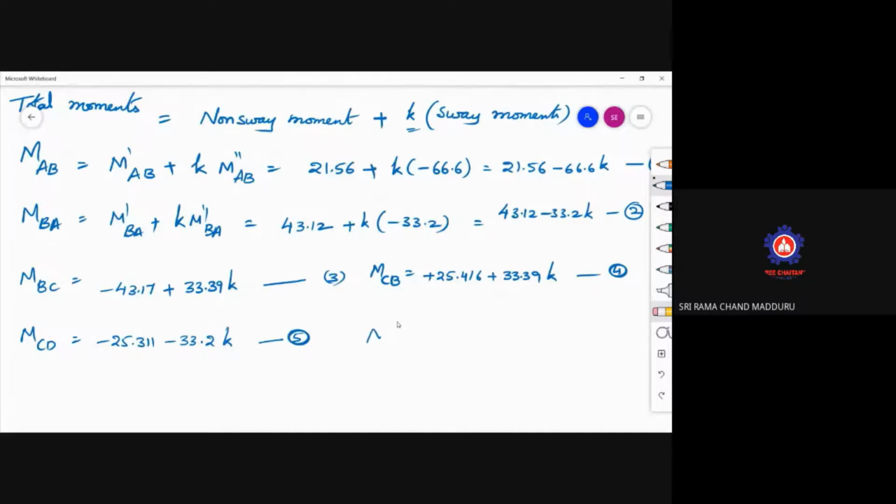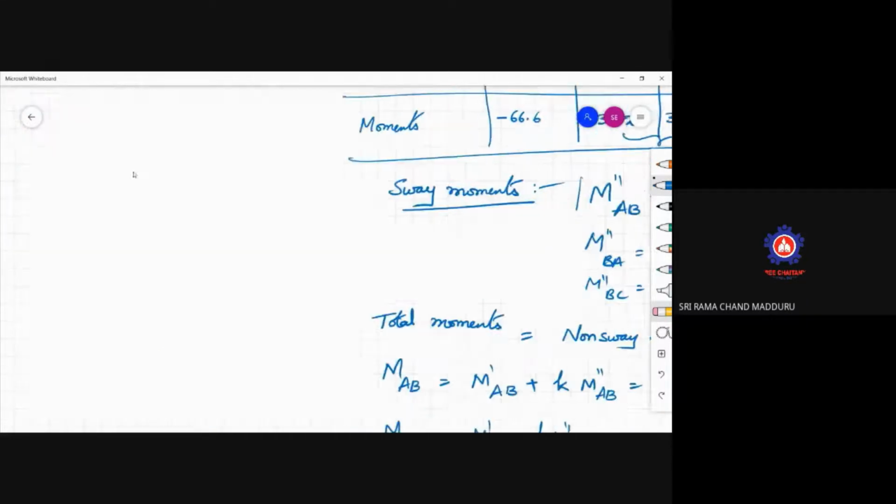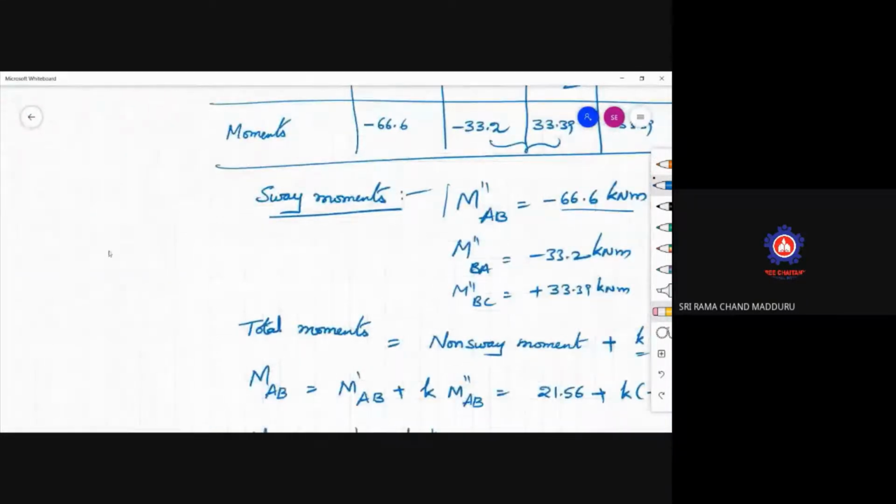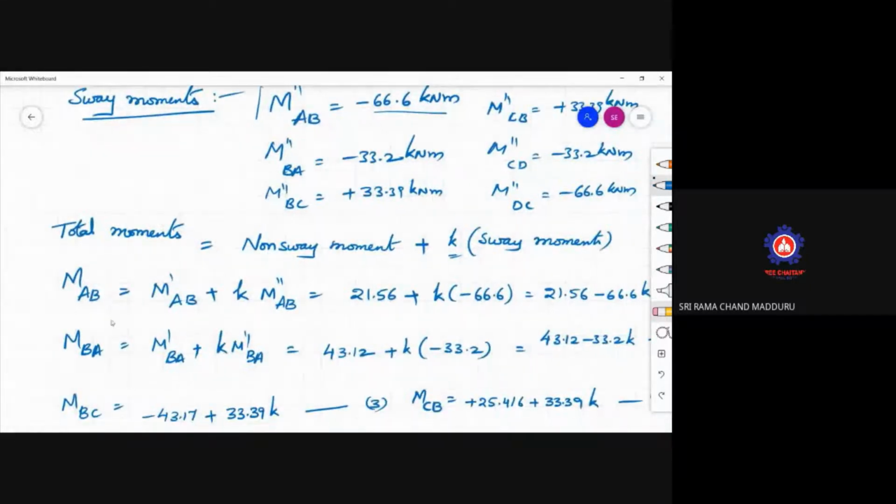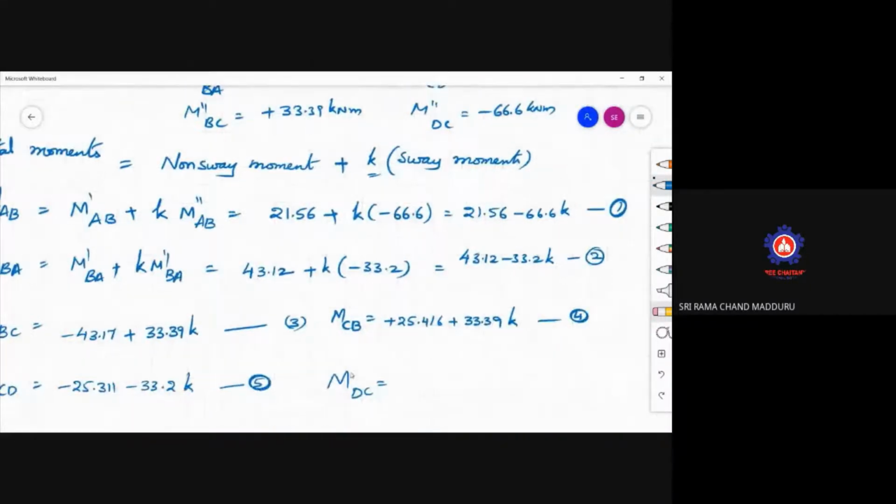Now MDC is equal to non-sway moment minus 12.66, minus 66.6 into K. This is equation number 6.